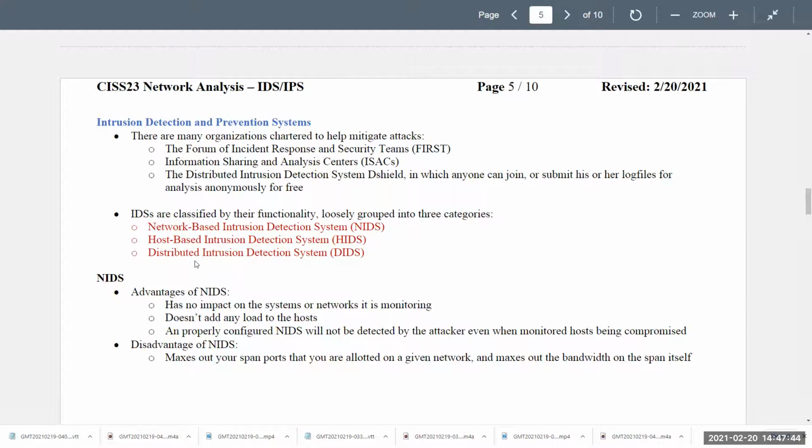And distributed intrusion detection system. That means you have multiple ones throughout your network, in different boxes with different IPS and IDS, so that you will be able to get a better picture when there are incidents. You can see from which IP, from which boxes, and try to correlate it.